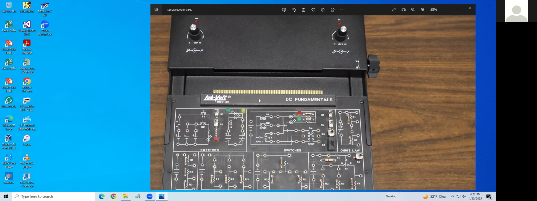Now this is the circuit board. You want to do DC fundamental. So we have to plug it in. Remember, you cannot plug it in. You cannot remove the circuit out. The technician, the electronic instructor lab will be doing it for you.